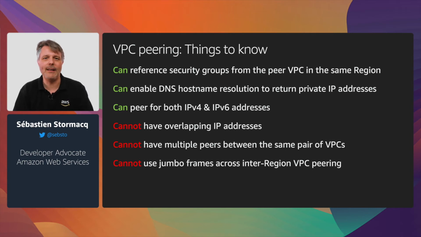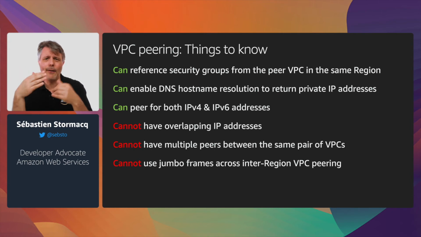You can also have DNS private name resolution to return private IP addresses across VPCs, and peering works both for IPv4 and IPv6. I mentioned that already, but it's super important. You cannot have overlapping IP addresses between your peered VPCs, and if you have two VPCs, you can only have one peering between two VPCs.